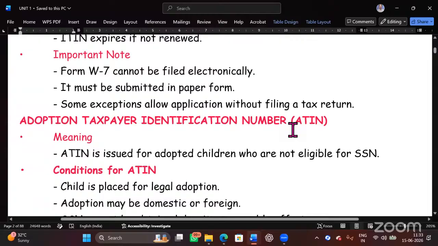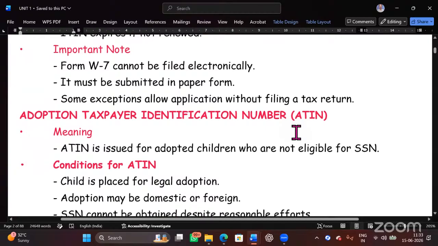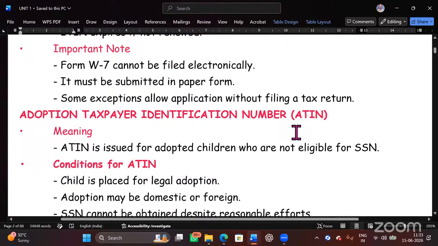Apart from ITIN, there is ATIN, Adoption Taxpayer Identification Number. Adoption of any child takes time. It is a lengthy procedure, followed according to another act, not according to the Income Tax Act. That adoption process is under way according to that other act. Meanwhile, the taxpayer, meaning the person who is adopting a child, can get the benefit of that adoption.